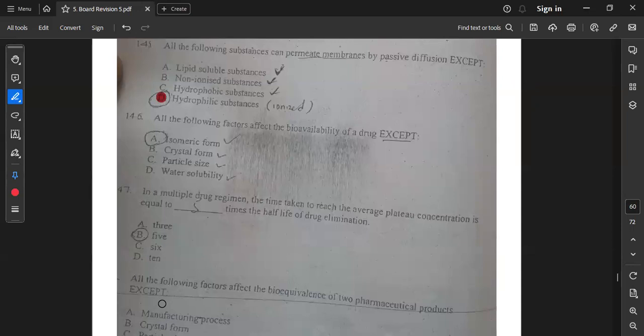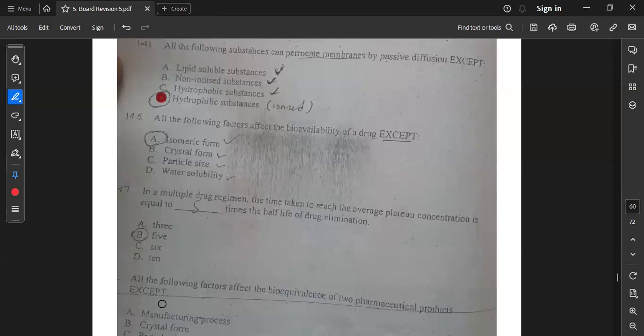Then the crystal form: a drug can exist in the crystalline state or the amorphous state. I think crystalline states have a better dissolution profile than the amorphous state. Hence, crystal form will also play a role in bioavailability.